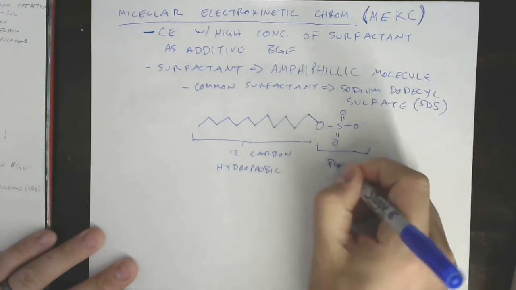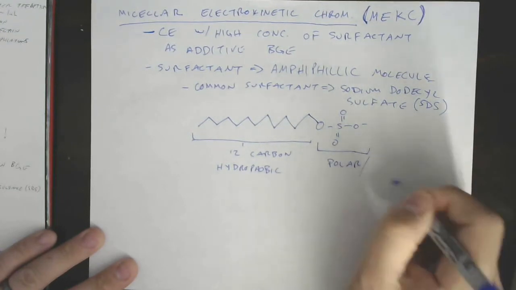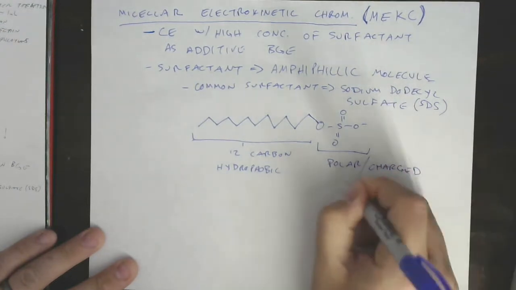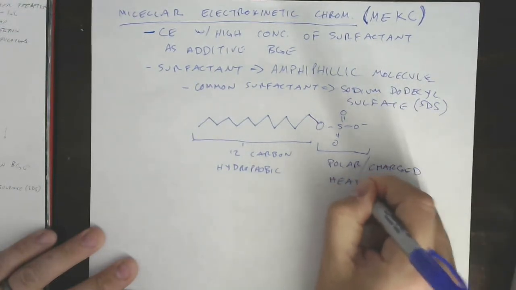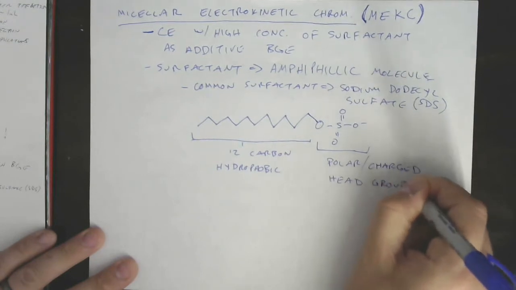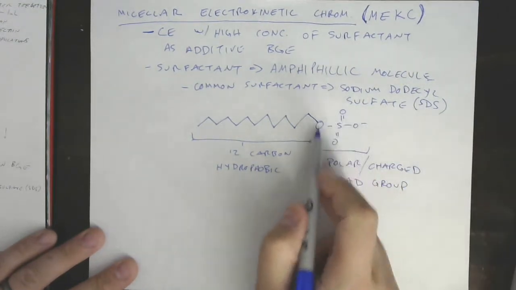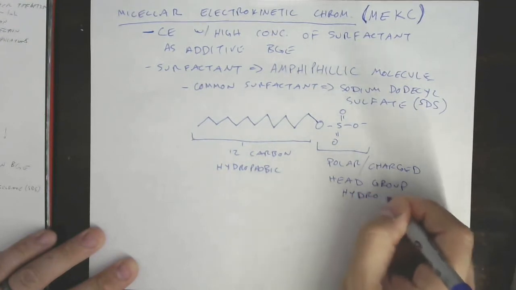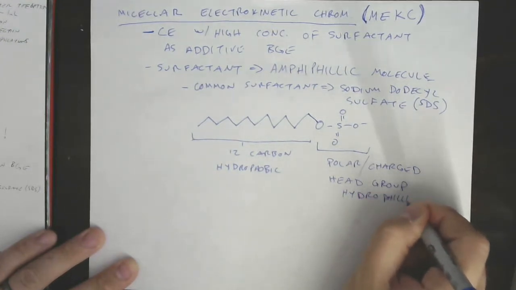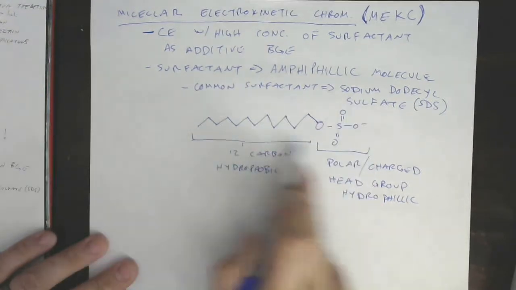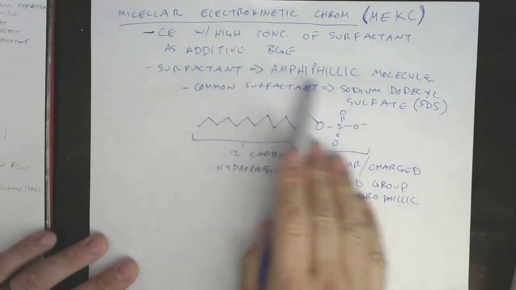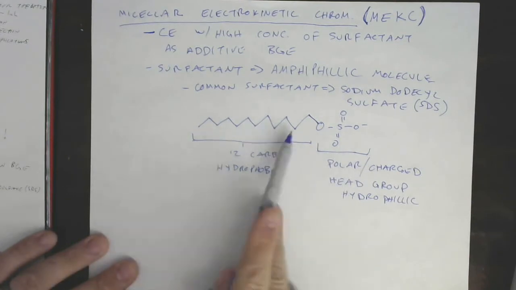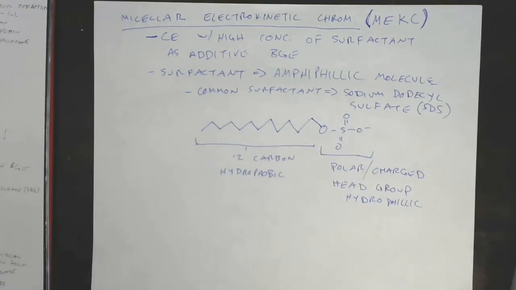In fact, in this case, it's not just polar, it's fully charged, and that's going to become important. Because this is polar and charged, that makes it hydrophilic. And they're connected together into one molecule that is itself amphiphilic. It likes both oil-like environments and aqueous-like environments.